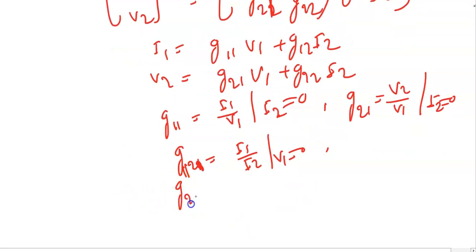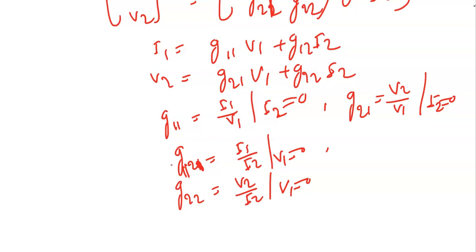And G22 is equal to V2 upon I2 when V1 equal to 0, that is short circuiting the input, which is the output impedance. So these are the basic definitions and conceptual things, how the different parameters are conventionally defined, with examples.